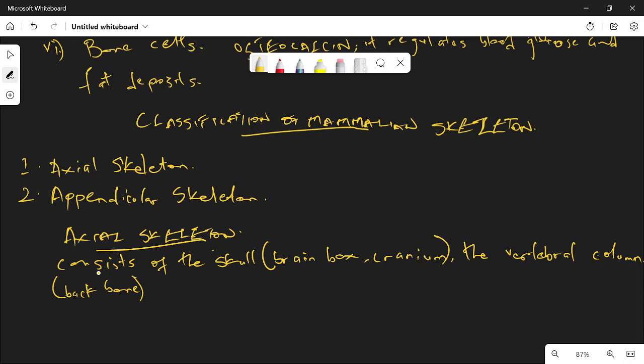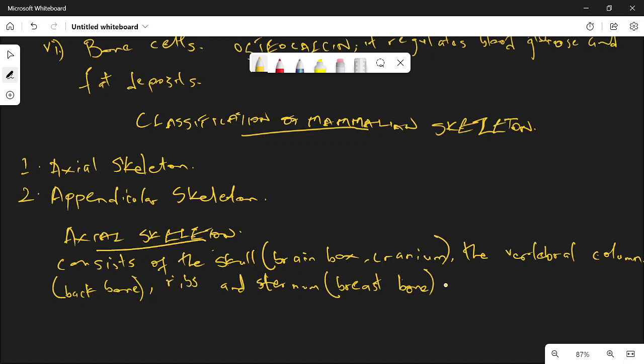And then we have the ribs and sternum. The sternum is also called the breastbone.